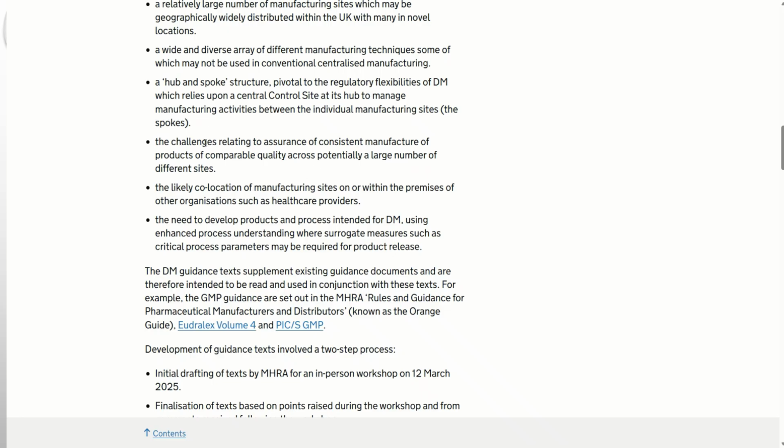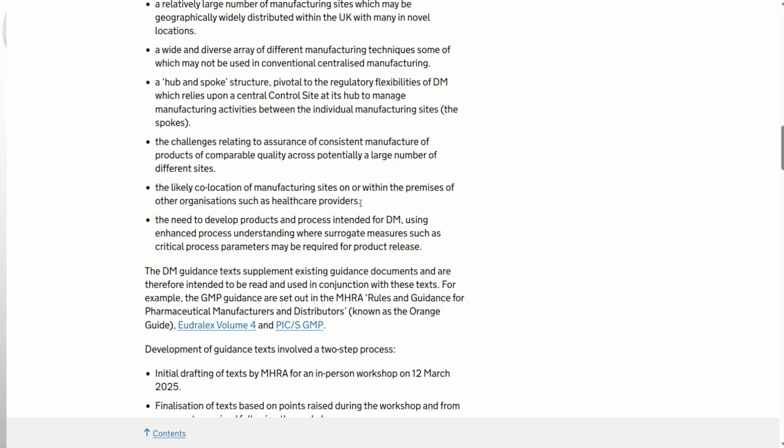So this is going to be quite a challenge, ensuring that you oversee and manage and ensure that the product being produced is comparable between all of the sites and of the required standard. That's one of the challenges anyway with regards to biological manufacture. The likely co-location of manufacturing sites on or within premises of other organisations such as healthcare providers.